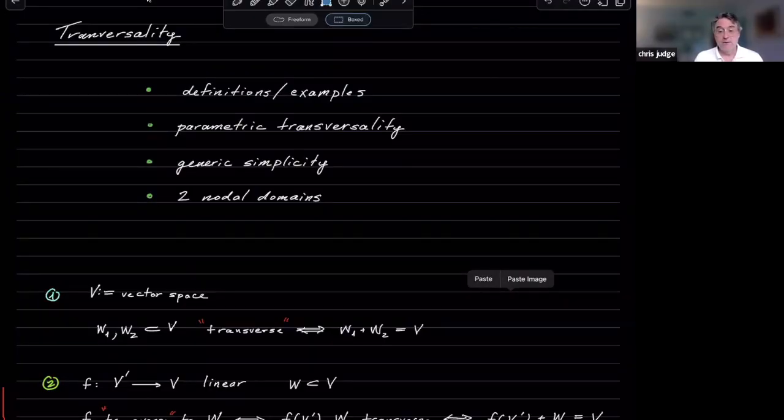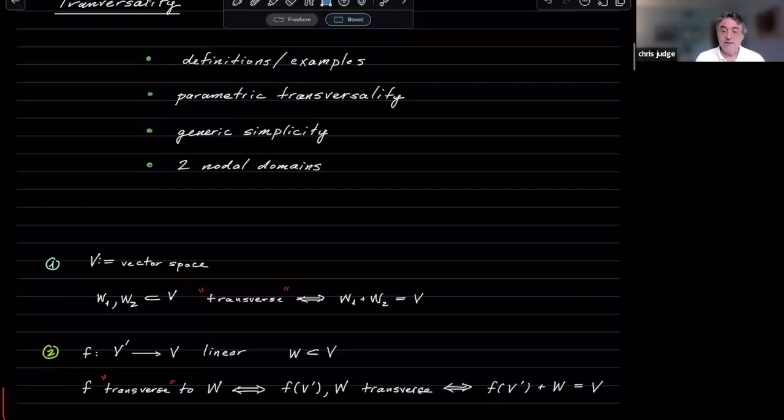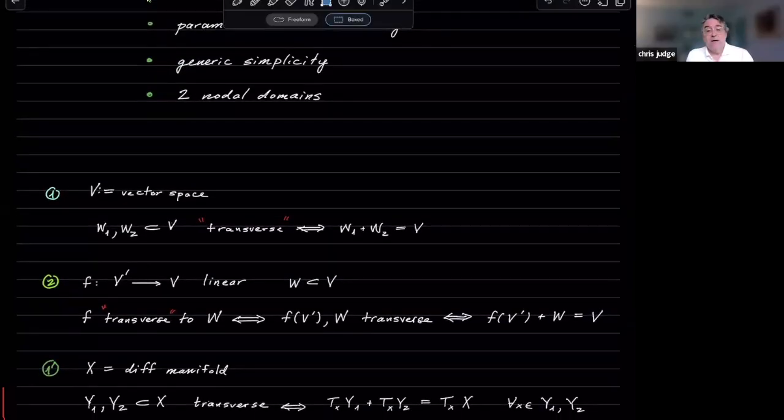So I'm replacing W1 with F of V prime, and I'm replacing W2 with W. But that's the same as just saying that F of V prime plus W is equal to V. So you can achieve all of V by looking at the image of V prime plus this other subspace.